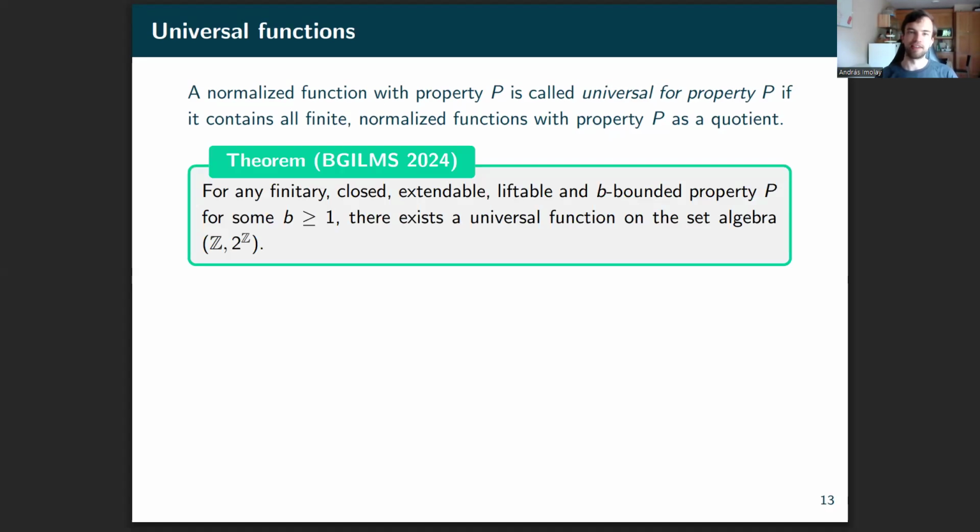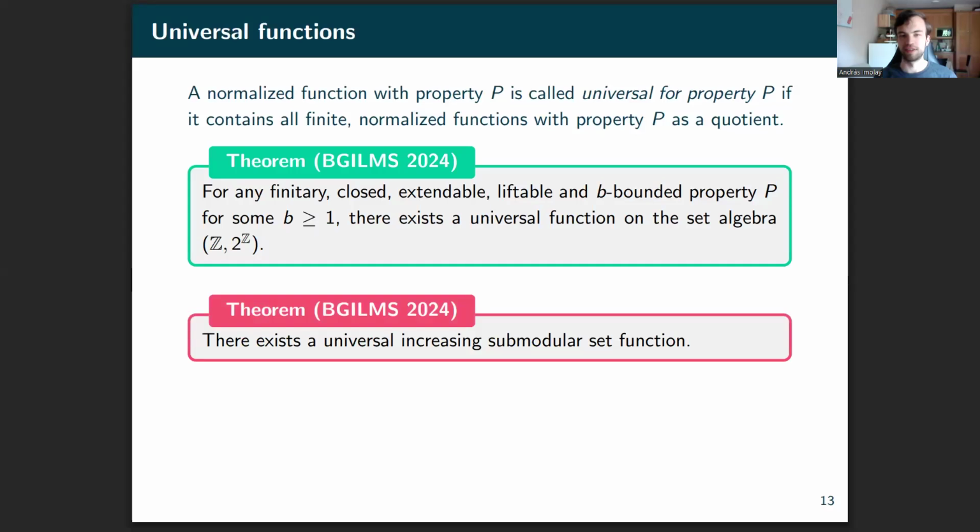We proved that under some technical conditions, finitely closed, extendable, liftable, and p-bounded, if the property has these properties, then there exists a universal set function. Here I just want to remark that liftable means that any two set functions with property P have a common lift, and we prove this.